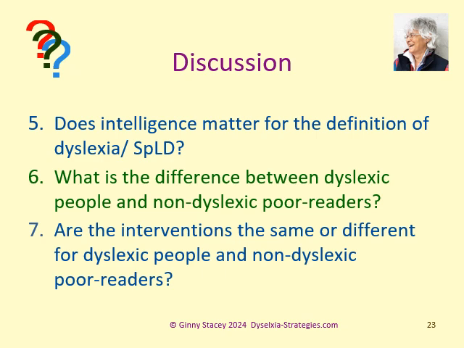Does intelligence matter for the definition of dyslexia-SpLD? And are there differences between dyslexic readers and non-dyslexic poor readers? The interventions are the same and different. There are issues around there as well. In 2024, a new definition of dyslexia was produced and published under SASC.